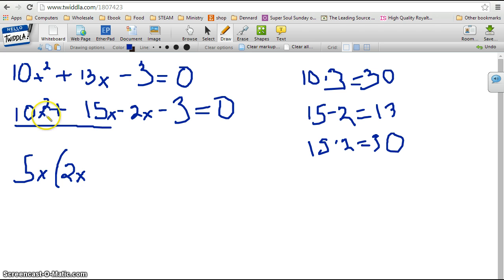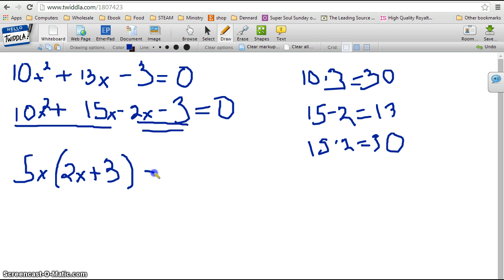gives me 10x squared, plus 5x times what number gives me 15x? So I know that's going to be 3. Now I'm looking at these last two numbers. I'm underlining it twice. So what number can go into both of these numbers evenly?